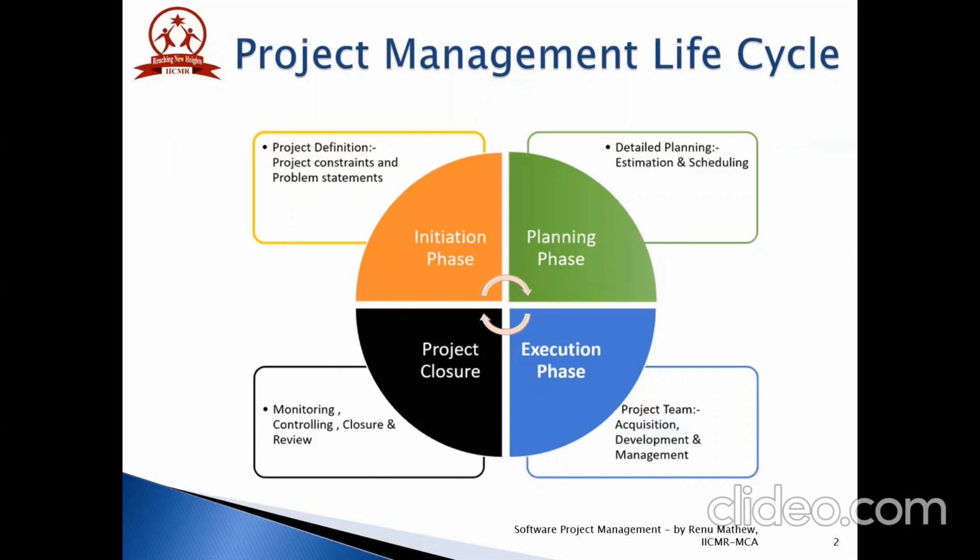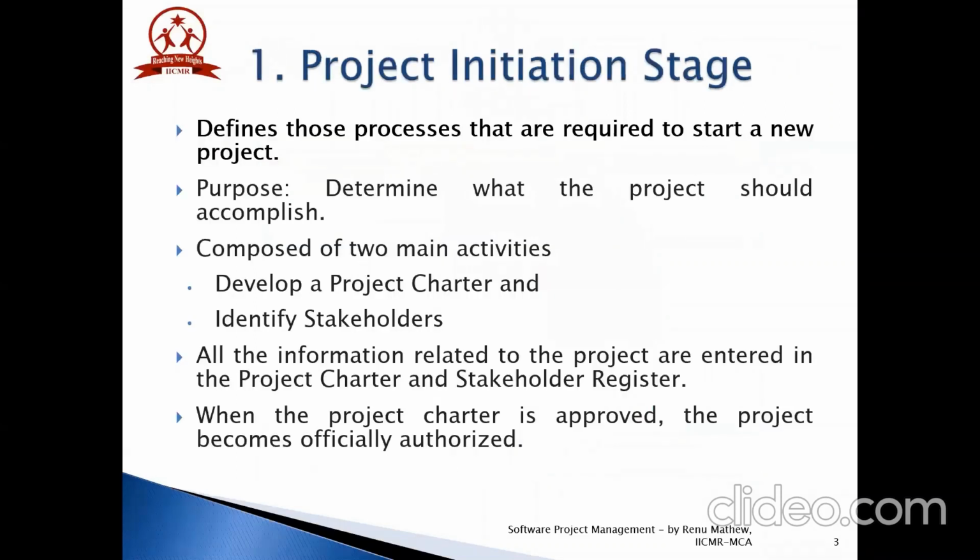This life cycle structure for project management includes four phases: initiation phase, planning phase, execution phase, and monitoring, control, and closing phase. We will first look into the initiation phase. The initiation phase defines those processes that are required to start a new project.